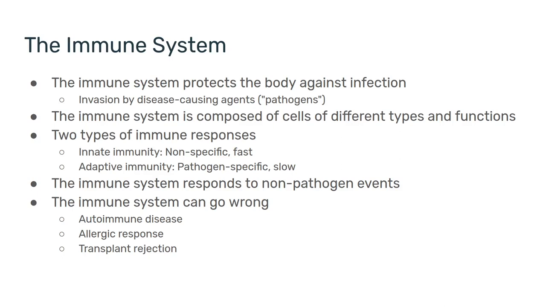Now, generally speaking, and you'll notice that I will be using this word a lot, generally, because there's always exceptions. But generally speaking, there's 2 major types of immune responses. The first one is innate immunity, which is non-specific and it's very fast.